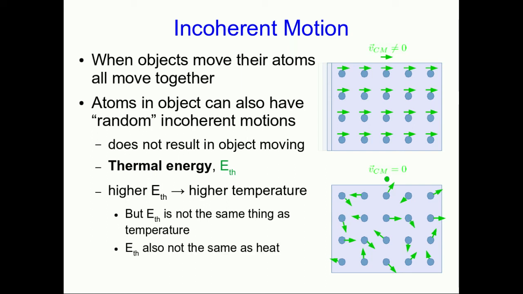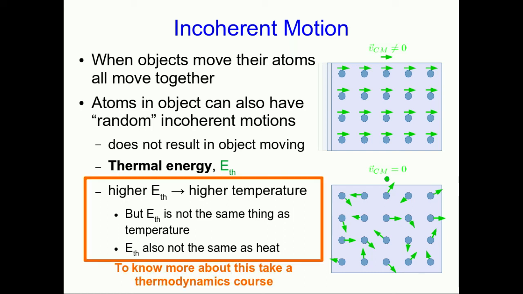Also, thermal energy is not the same thing as heat. I'd love to tell you more about these fine distinctions between thermal energy, temperature, and heat, but it gets very complicated, and so if you want to know more about these distinctions, you should take a thermodynamics course, or even better, my statistical mechanics course, which I teach sometimes.